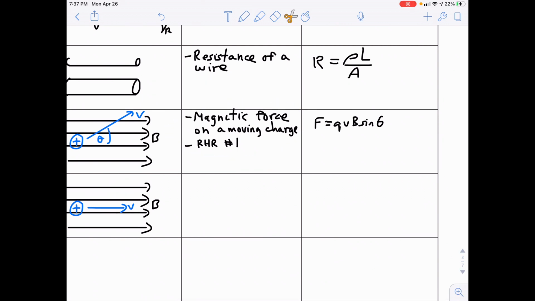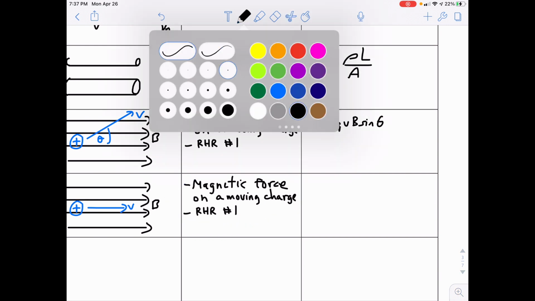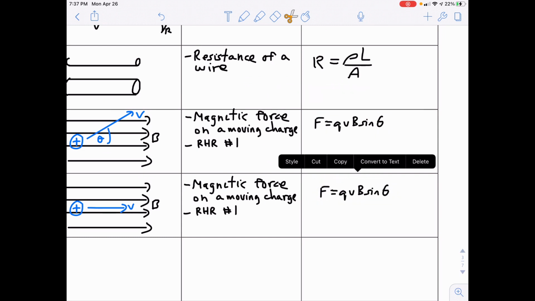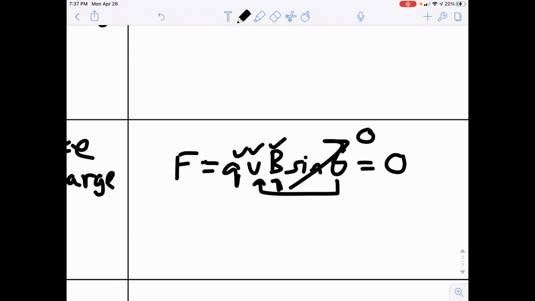Same concepts. Same formula. But this is how it gets applied a little differently. Again, since theta is the angle between velocity and field, if you're going the same way the field is going, the angle between you is 0, and sine of 0 is 0. And 0 times QVB is a big 0.